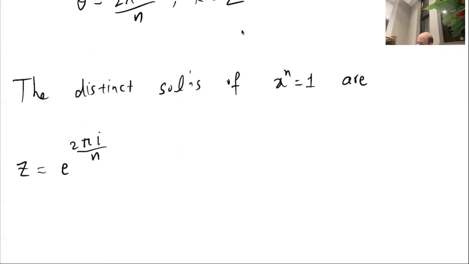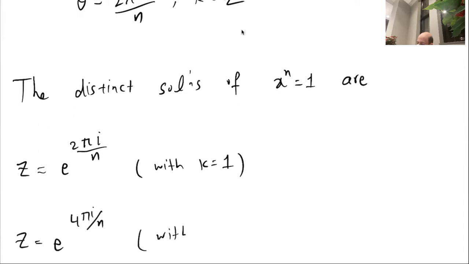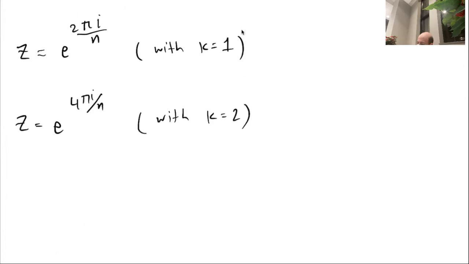This corresponds with k equals 1. And if k is equal to 2, we will have z equals e to the power 4 pi i over n, with k equals 2. And z equals e to the power 6 pi i over n with k equals 3.